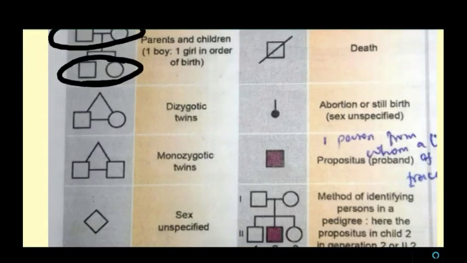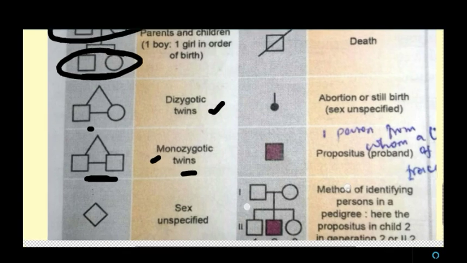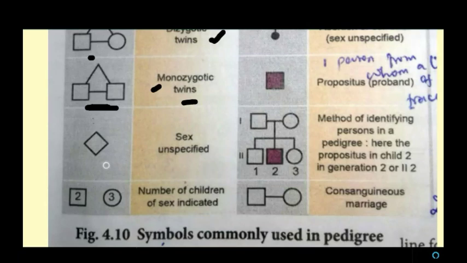And if it is connected like this, then it is called dizygotic twins. That means the twins are born from two different zygotes. And if it is connected with the same symbol, then it is called monozygotic twins. That means the twins are developed from the same zygote. Then if it is in the form of a diamond, then sex unspecified.